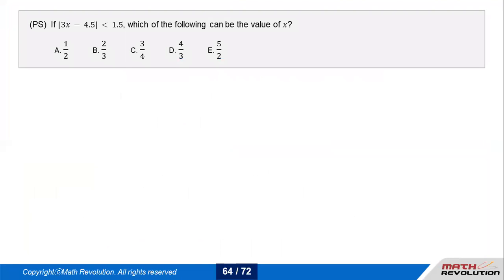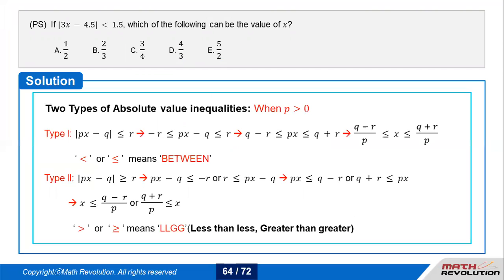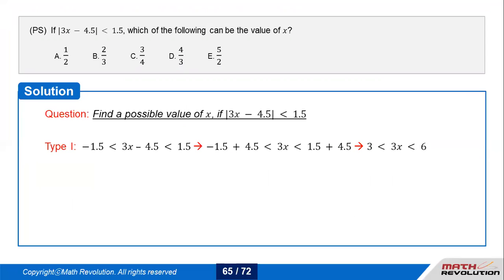So let's solve this question, which says 3x minus 4.5 is less than 1.5. Now this is less than. We have type number 1, we have type number 2. We remember it. So now we know that it's a between condition. So minus 1.5 would be less than 3x minus 4.5, which is less than 1.5.